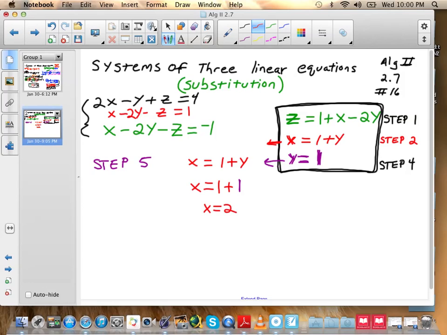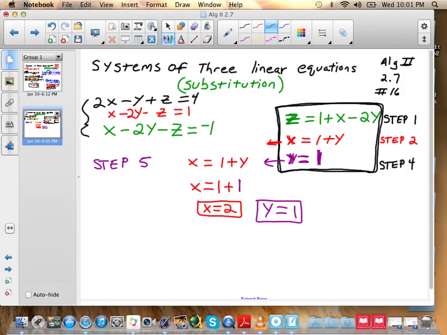See, that was nice, short, simple, and sweet, right? So now we have a single value for x, x equals 2, and a single value for y, y equals 1. Now we go all the way back. Remember, I said we hadn't touched z since the very first step.